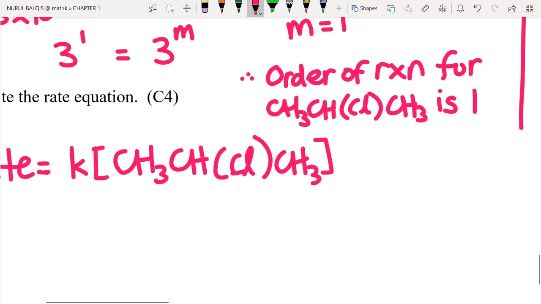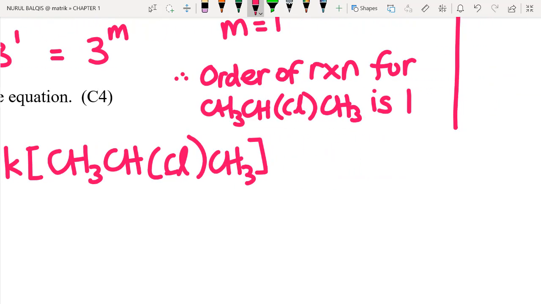You can write 1 or leave it as it is, because it already symbolizes that the order of reaction is 1. And then we have sodium hydroxide.